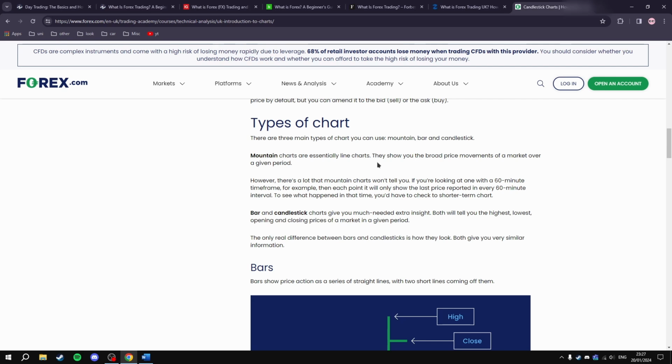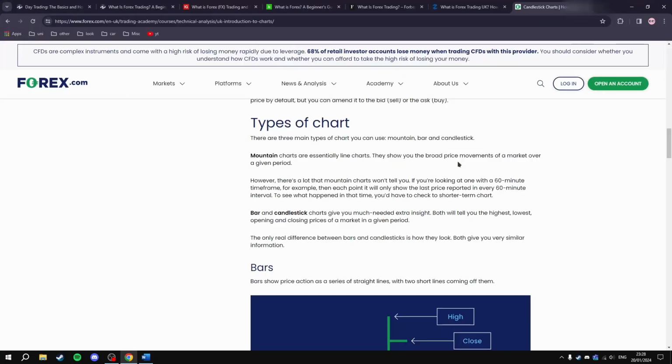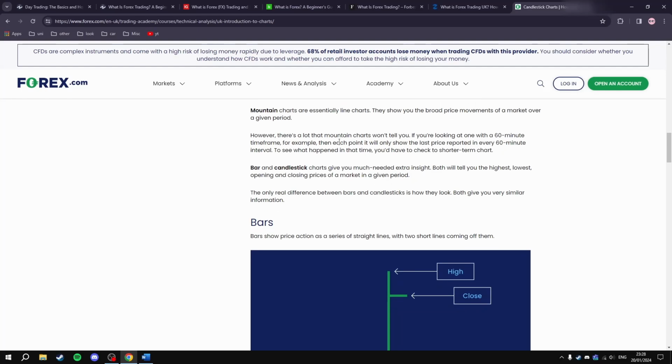Types of chart. There are 3 main types of chart you can use: mountain, bar, and candlestick. Mountain charts are essentially line charts.